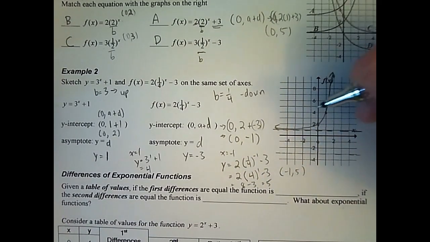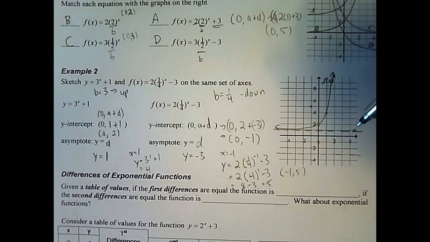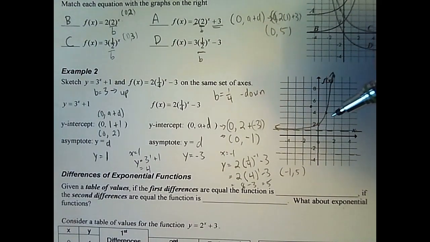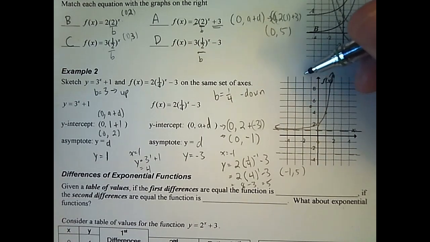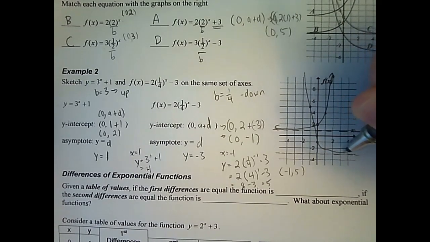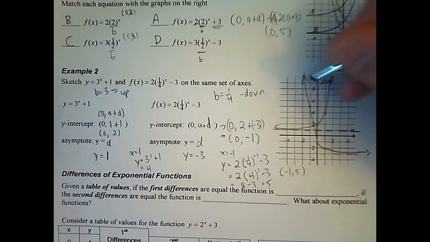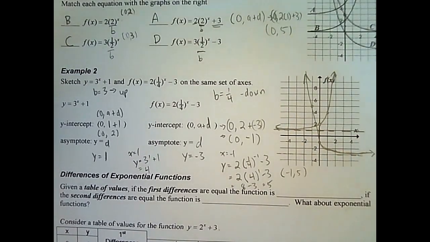So at negative 1, I'm going to be at 5, which is like right here. Just making sure I did that correctly. So I know it's going to be going like this. I know it's never going to touch that negative 3 as that asymptote. So that's how we can sketch our graphs for these transformations based on the equation.